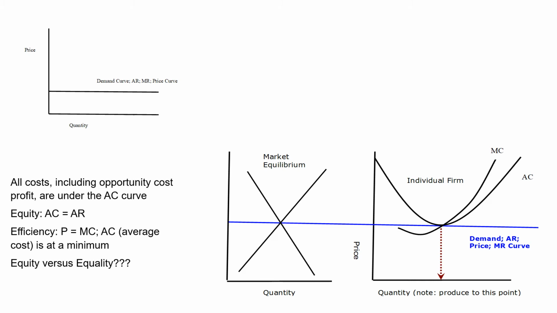So the difference between equity and equality, of course, is as follows. We've talked about it, I think, a bit, but let's go over it one more time. Equality is very straightforward. Everyone gets the same. Whereas equity is that you receive according to the productive resources that you provide.